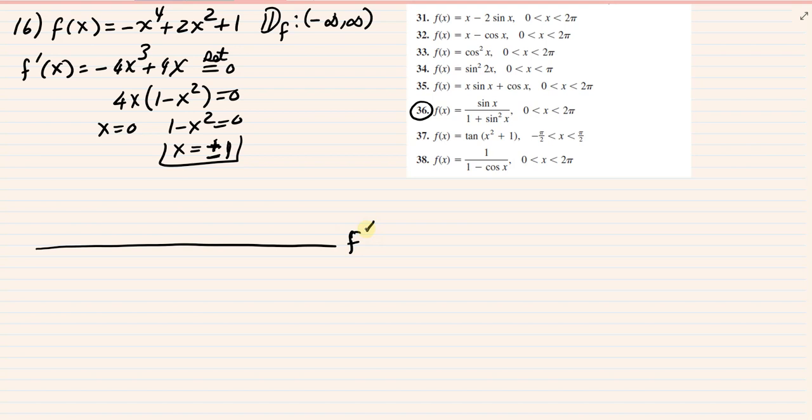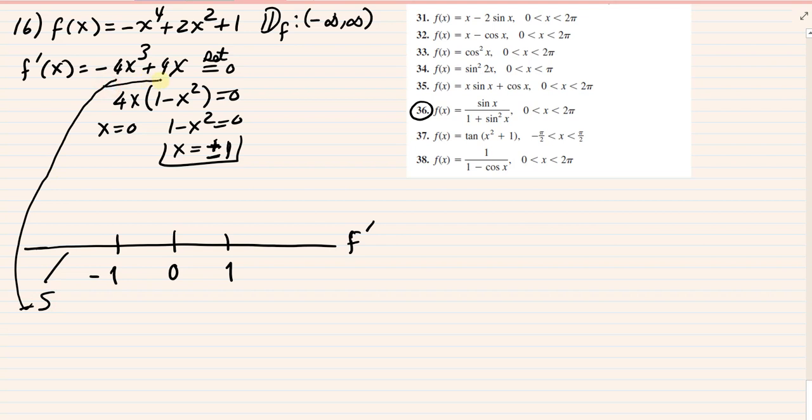Now, here's 0, 1, and this is negative 1 on the number line. If we pick a test point, for example negative 5, it doesn't matter, and plug it into your derivative, when we plug in negative 5, or negative 2, whatever negative, it doesn't matter.